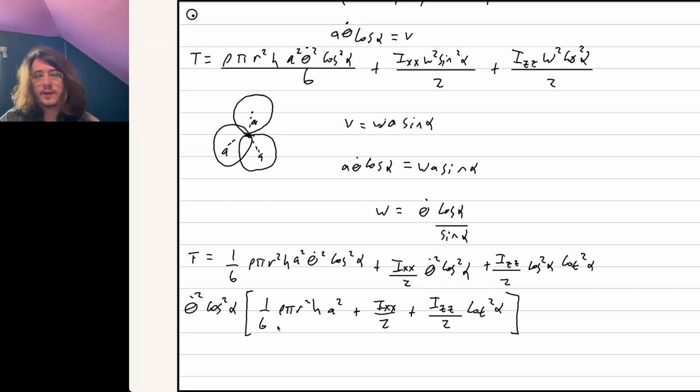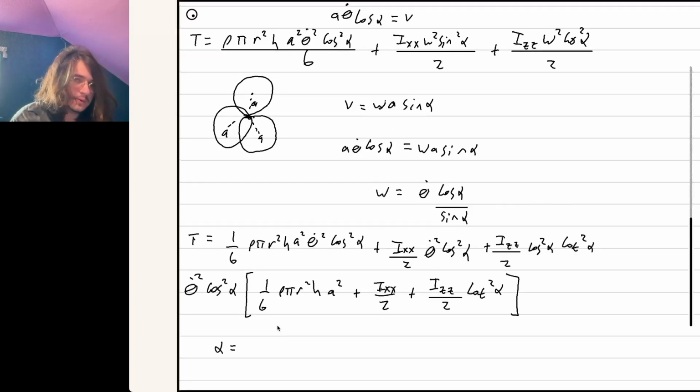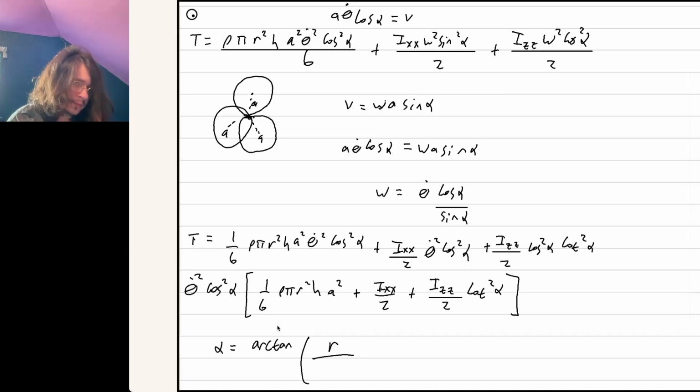At this point, it's worth putting alpha in terms of the dimensionality of the cone. Very simply, alpha equals the arctangent of the radius of the cone divided by 2 times h of the cone.